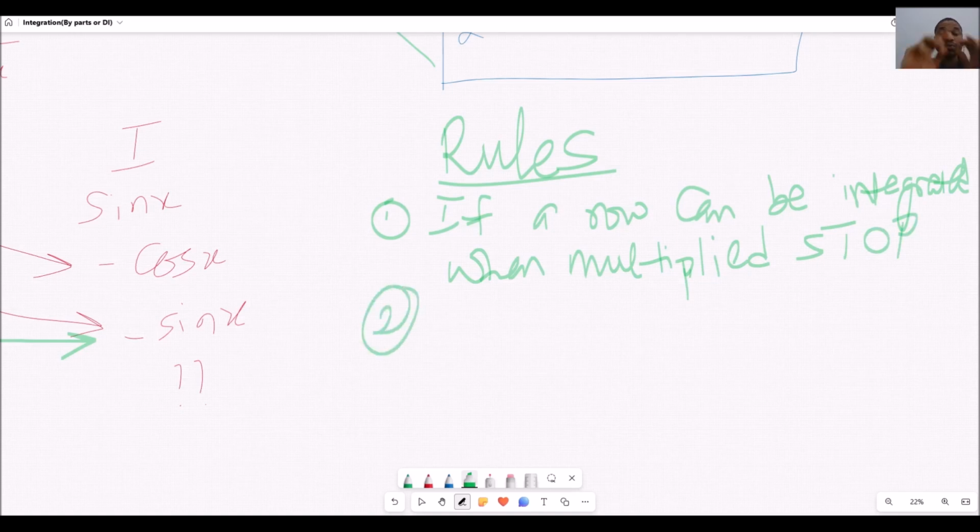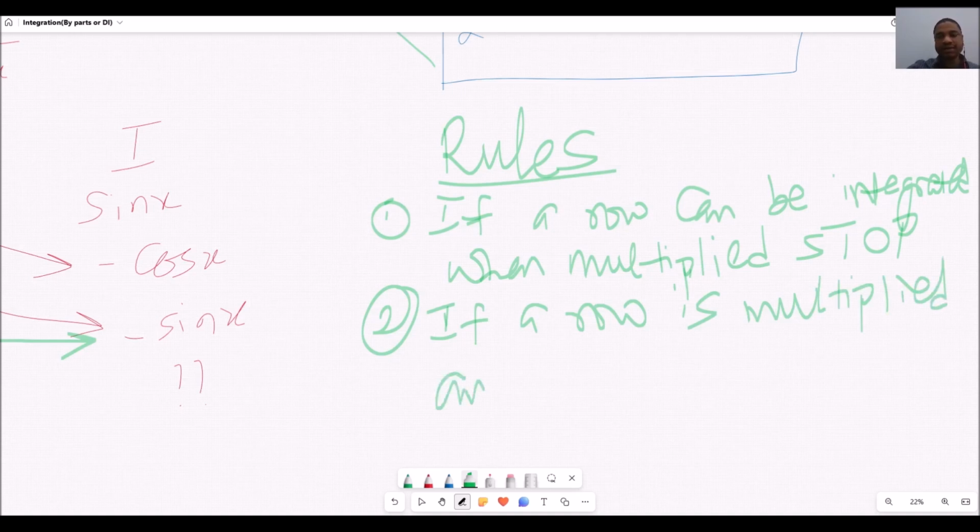The second and most important one: if a row is multiplied and is repeated, stop.